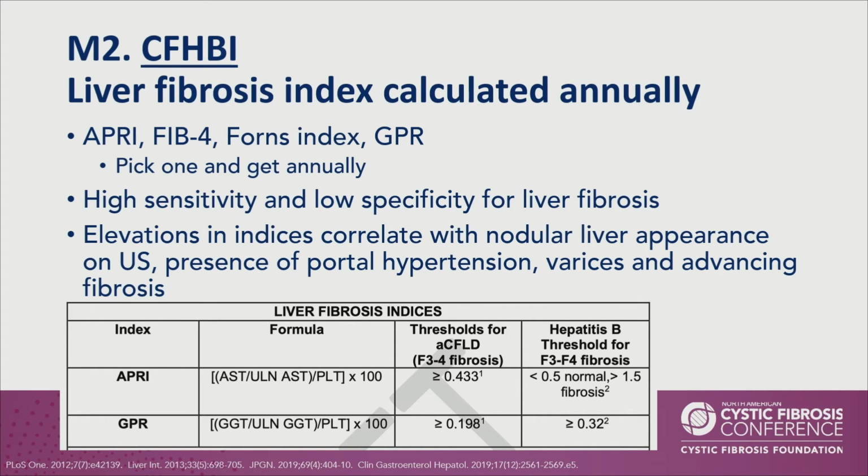All of these liver indices have been noted to have a high sensitivity and low specificity for liver fibrosis, with elevations correlating with nodular appearance on ultrasound, presence of portal hypertension, varices, and advancing fibrosis. As there is variation in comfort, you need to pick the one that you're most comfortable with.